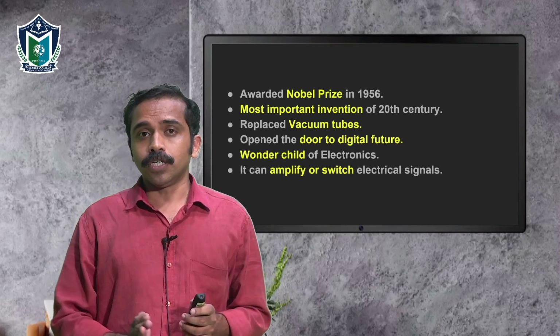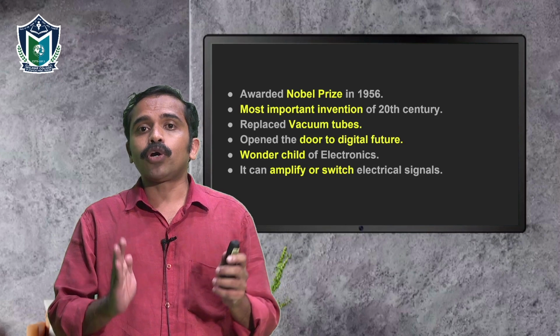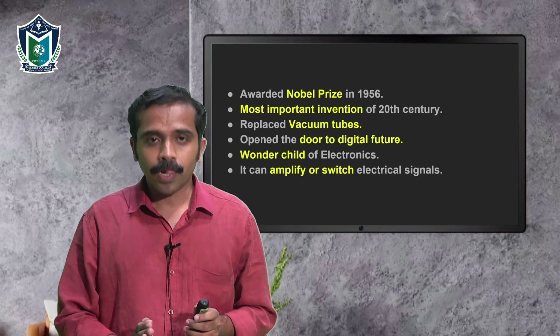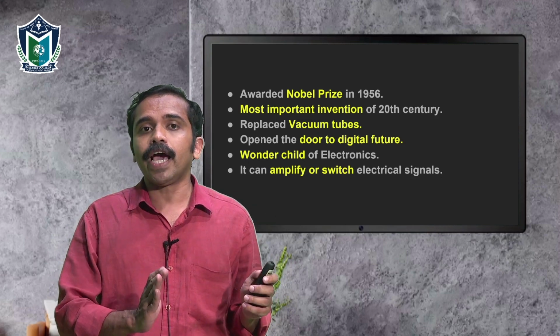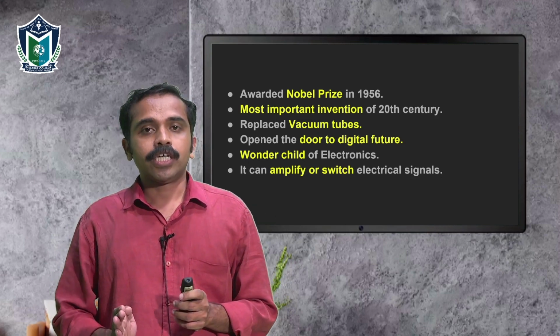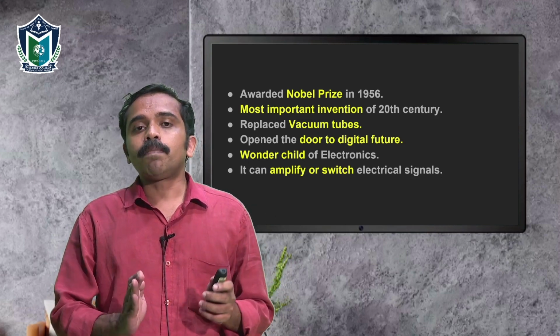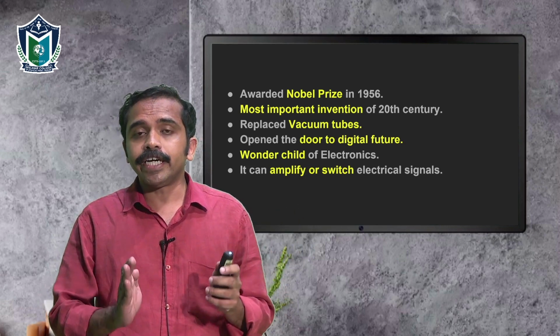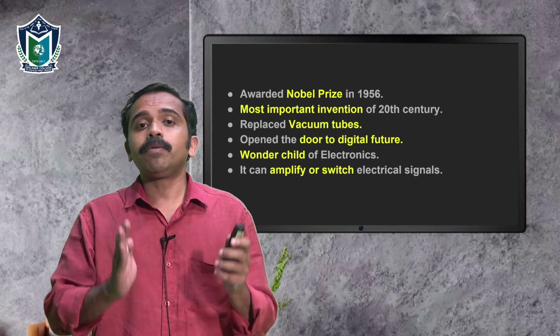Before transistors, electronic components were composed of vacuum tubes. Vacuum tubes were bulky and unreliable. The first general purpose and programmable digital computer, made in 1945, is named ENIAC.